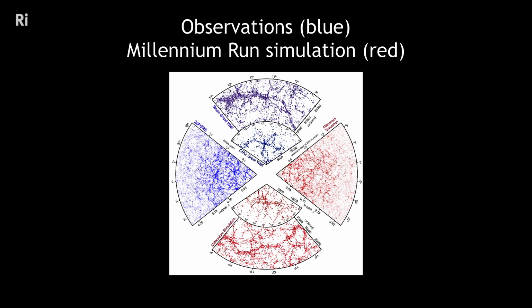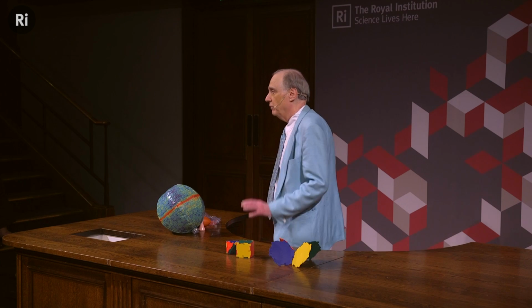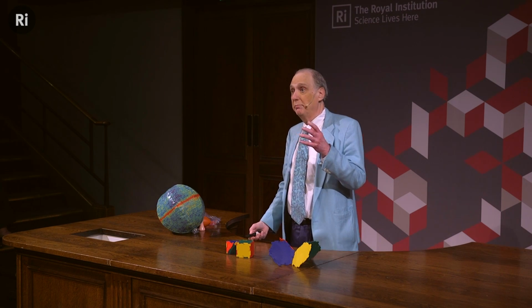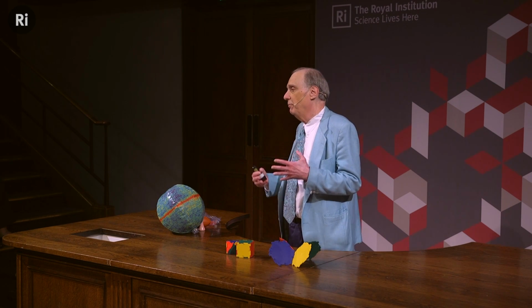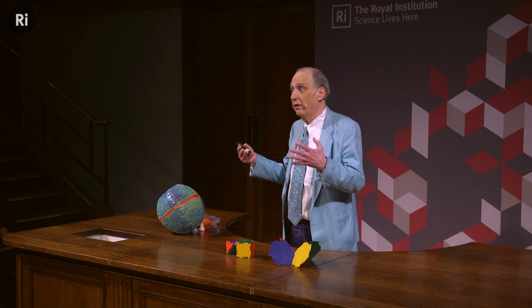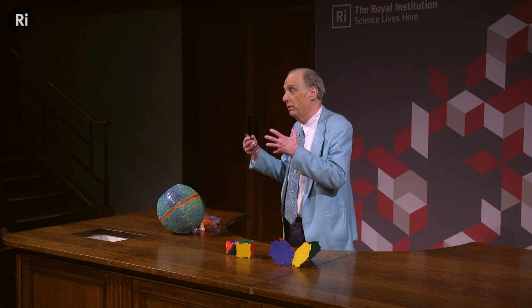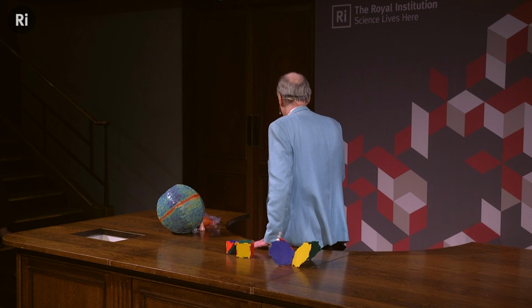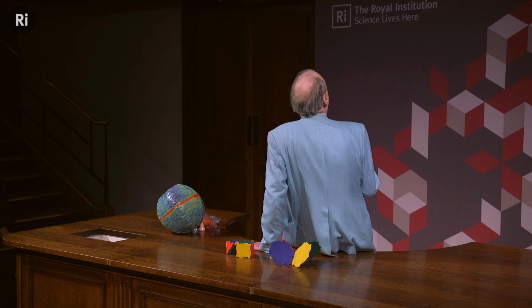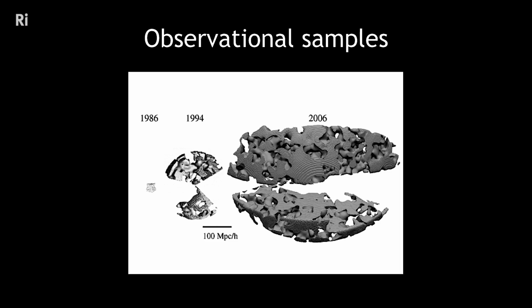So these simulations were able to reproduce them. As we've gotten bigger and bigger simulations, they've been better and better able to agree with the bigger and bigger observational samples that we're seeing, which indicates that maybe we're on the right track.